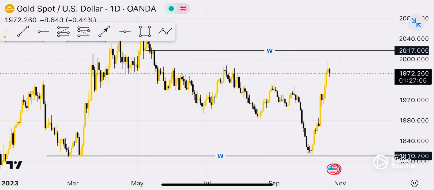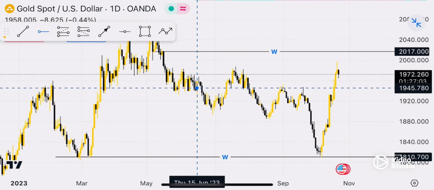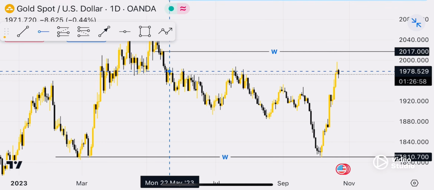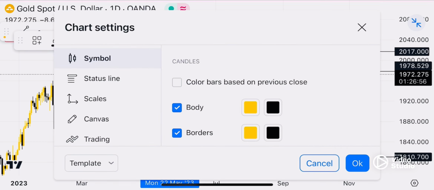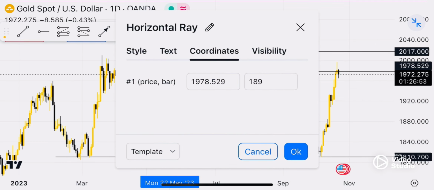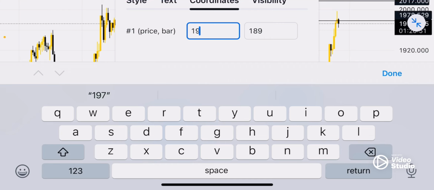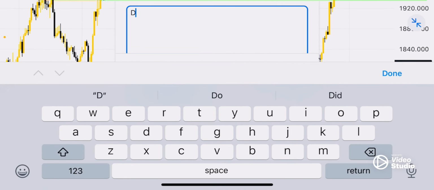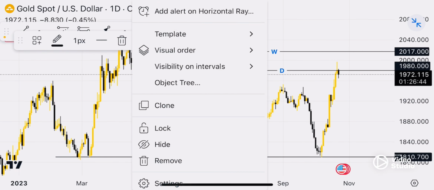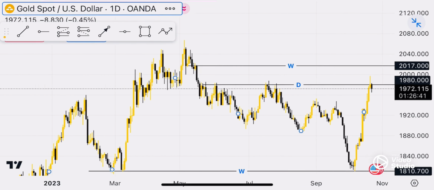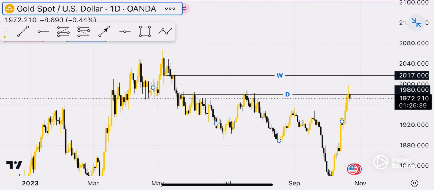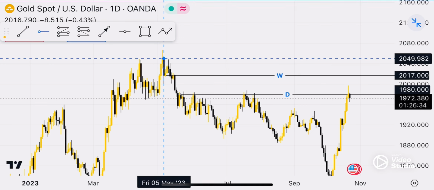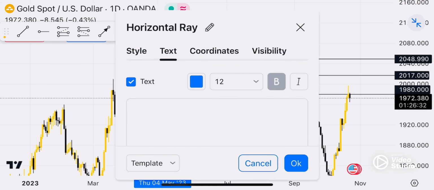On the daily time frame, we can see that there's really nothing much. So we'll just mark out the current resistance that the market is at, which is 1918. I'm expecting the market to break through that resistance and get to 2017 and then 2050, which is the daily time frame high.